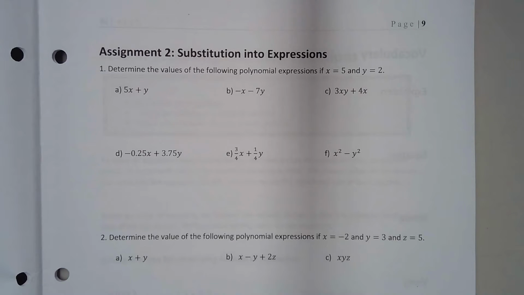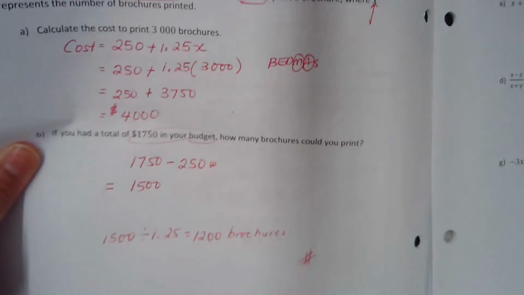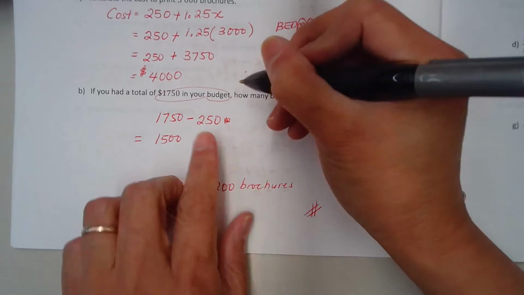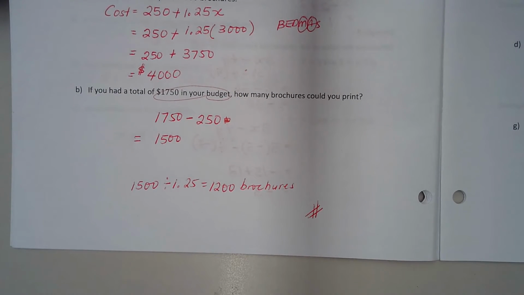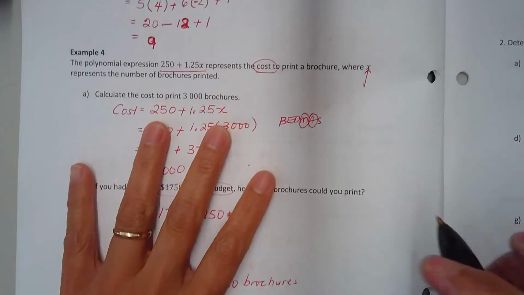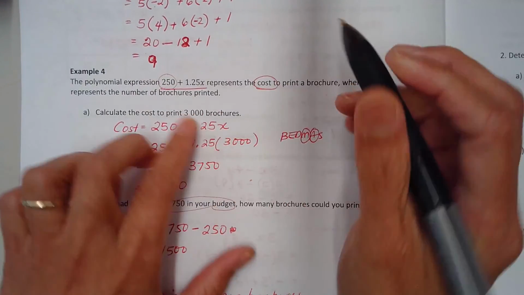Could you explain number B also? I don't know why it's negative. You don't know why it's minus? Yeah. Okay. So the cost, there's an extra cost that got added.